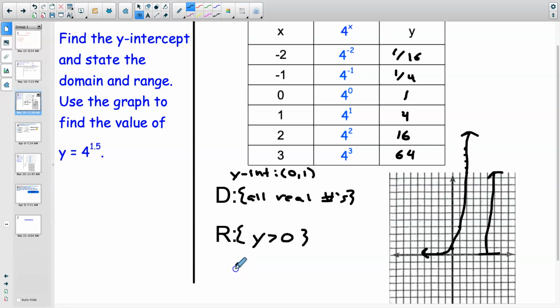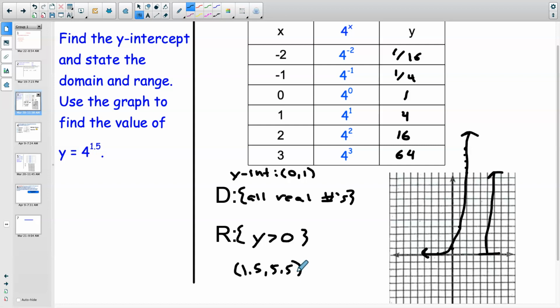That means you have 1.5 for your x and about 5.5 for your y. Now, if you were to check that with a calculator, you put in 4 to the 1.5 power.